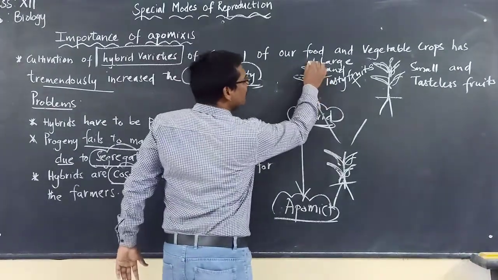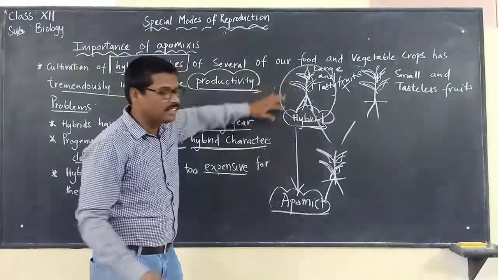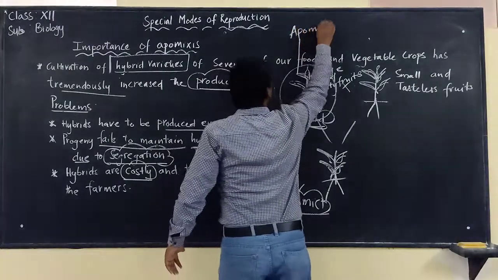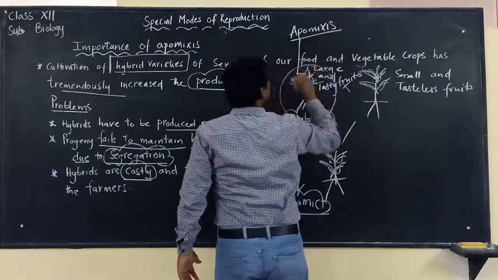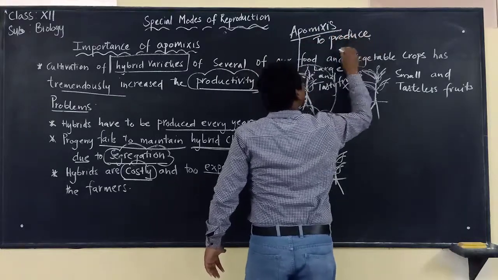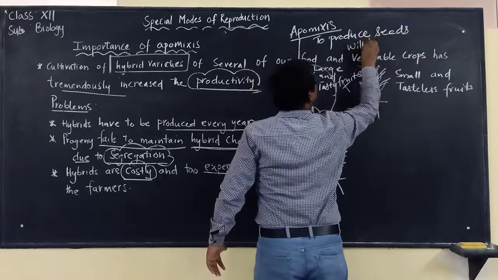So we have to make this plant undergo apomixis. Apomixis means to produce seeds without fertilization.